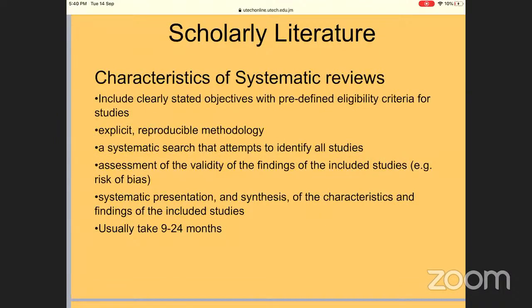So it looks at the validity of those studies, basically looking for risk of bias. And by the way, there are many kinds of bias in research studies. And then the presentation is logically structured. And so you can find what the results have been of these various studies that meet the inclusion criteria.